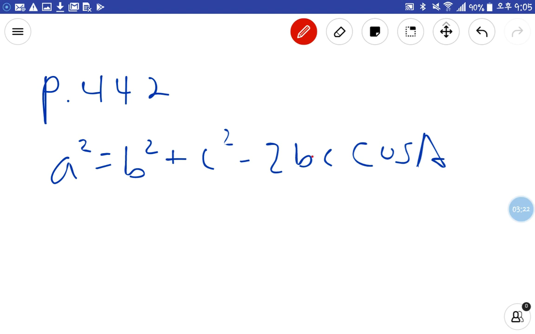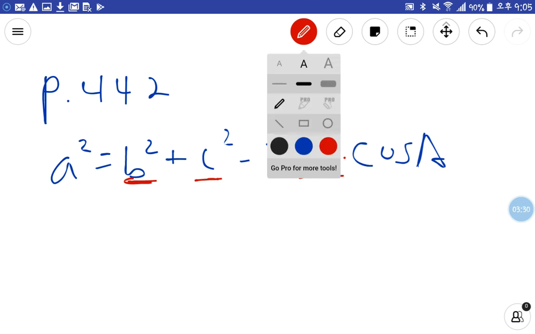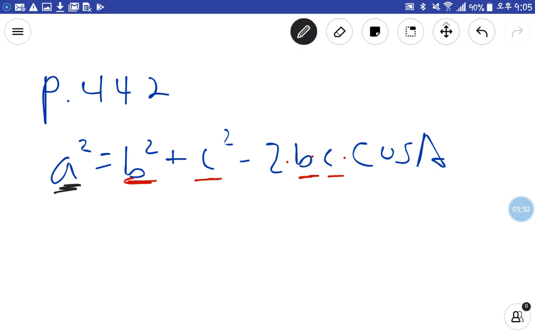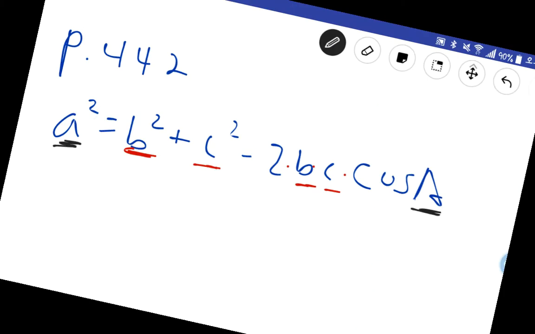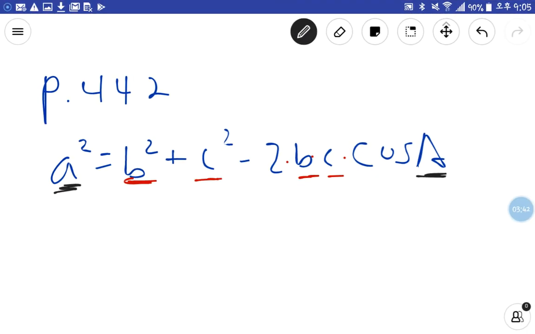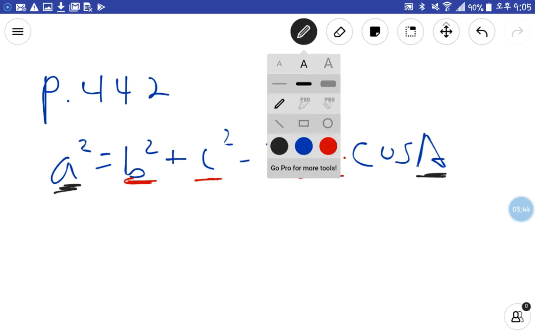And if you have b here, c here, it always gives you b and c. And if you have a here, it always matches up with your angle. Alright? So we're going to move on to page 443 right now to talk about solving a triangle question.